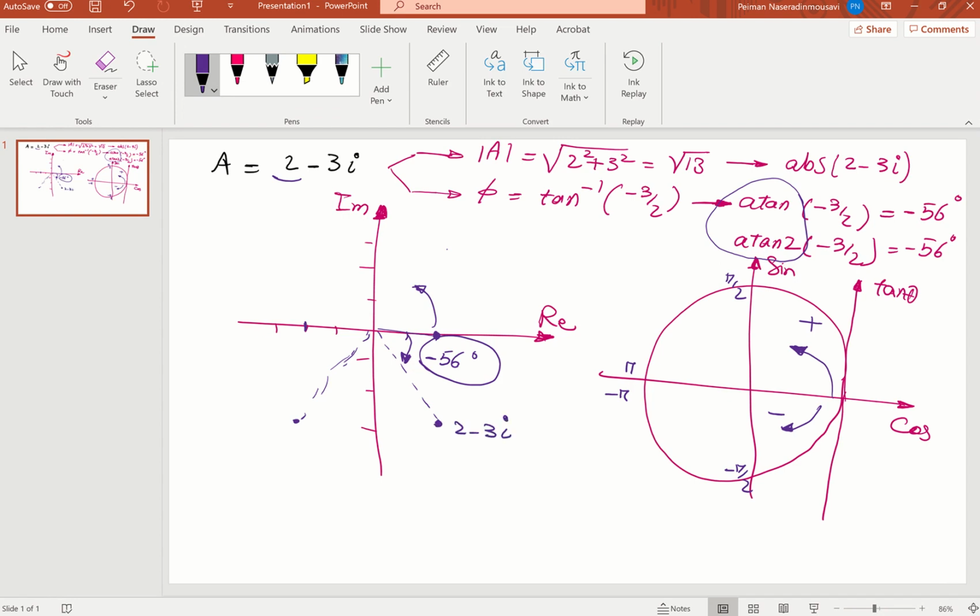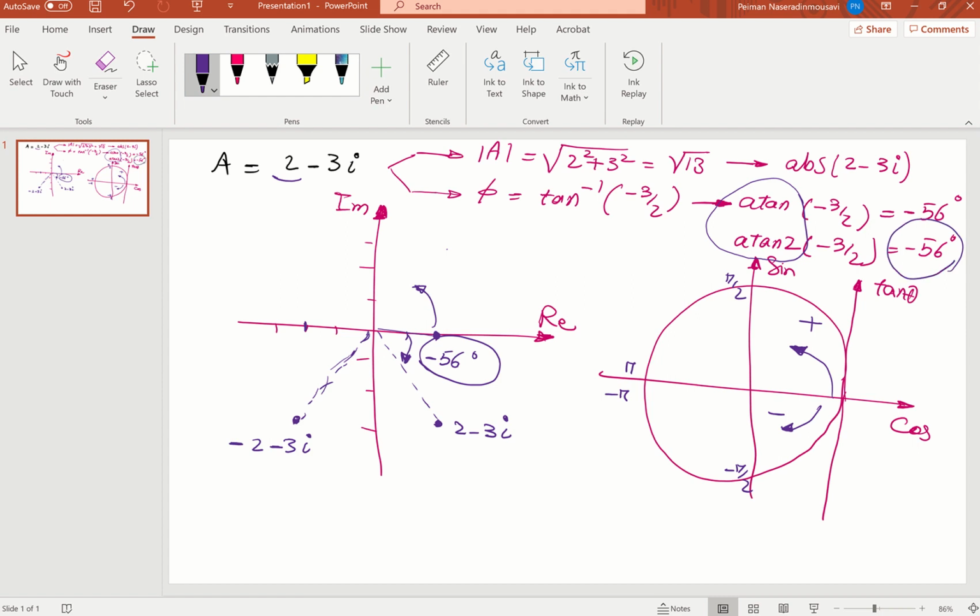In the previous class, I plotted for you this number, which is minus 2 minus 3i. Understand? This is correct. MATLAB gives you the right number.